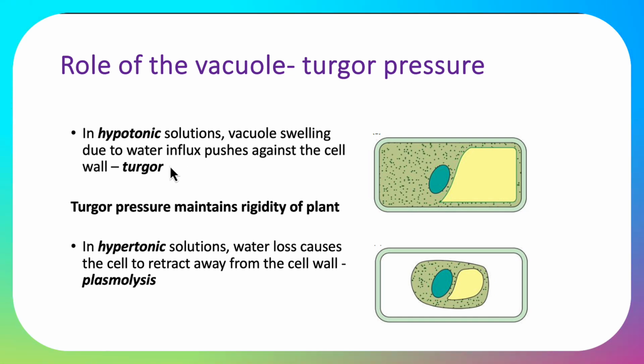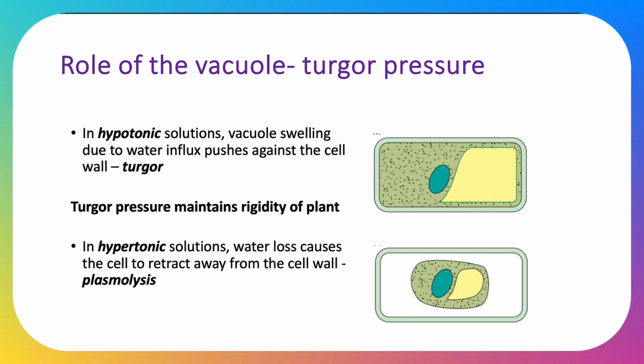In hypotonic situations, so when there's low solute and high water outside of the cells, water enters the cell and makes the vacuole swell. This is the situation that plant cells really like, because the water pushes against the cell wall in a condition we call turgor, and this turgor pressure maintains the rigidity of plants.